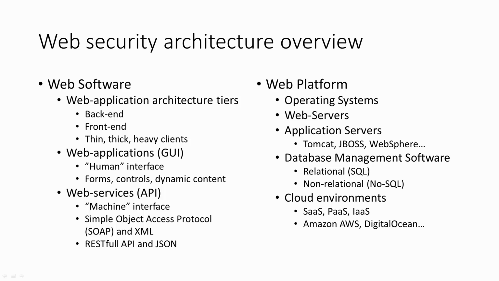Then we have different types of interaction with the outside world. First, and the most convenient to us as human users, is of course the graphical user interface. When we are talking about web software that is presenting something to real humans, we normally call it a web application.